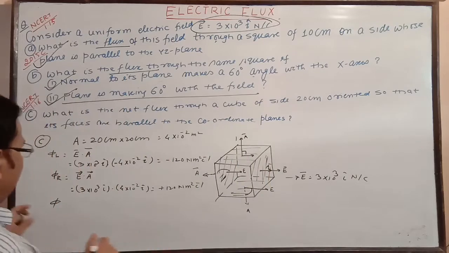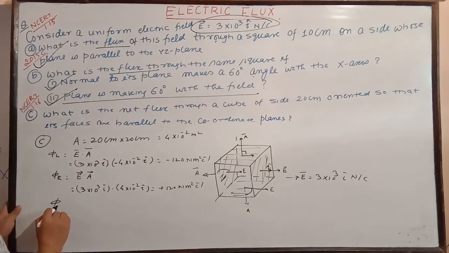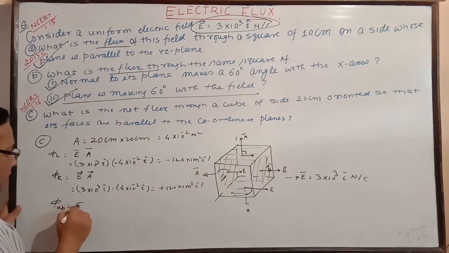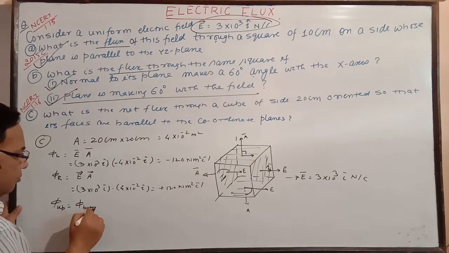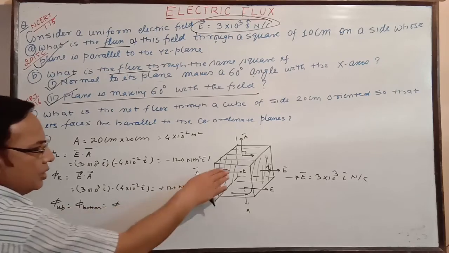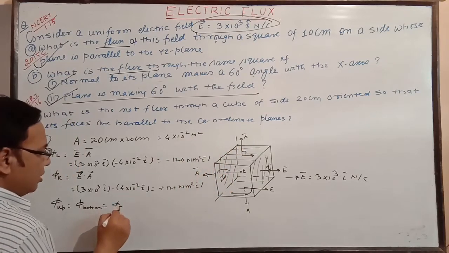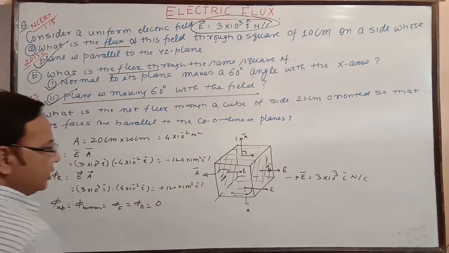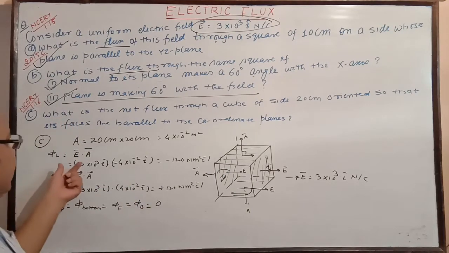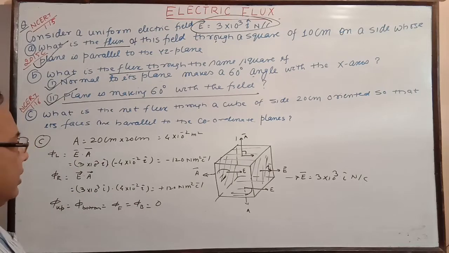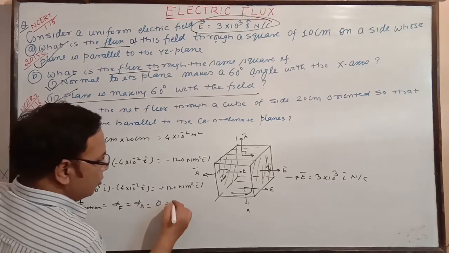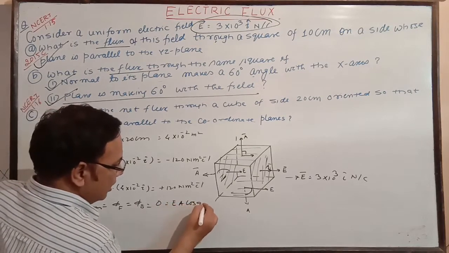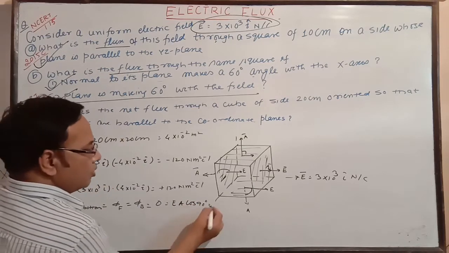So for the 4 faces, the up plane, the bottom plane, the front and the back, for all the cases phi is 0, because phi is E dot A, which is E into A into cos 90 degree, and cos 90 is 0, so flux is 0.